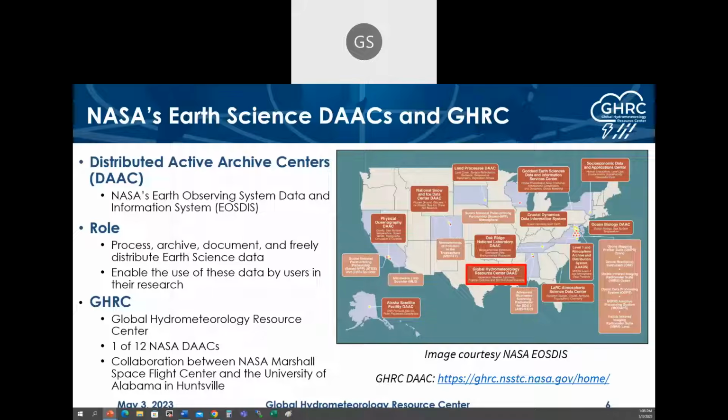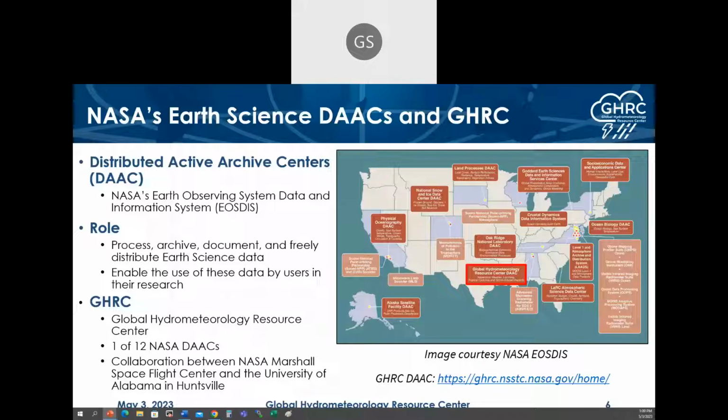Specifically, we're focusing on NASA's Earth science data. We want to make sure that the data collected from various satellite missions, airborne missions, field campaigns, and ground instruments is available to researchers and end users.